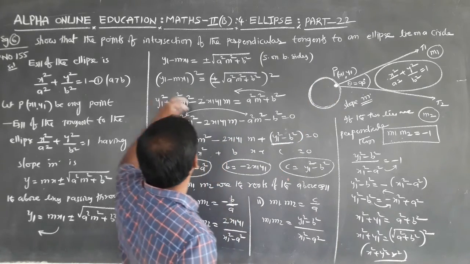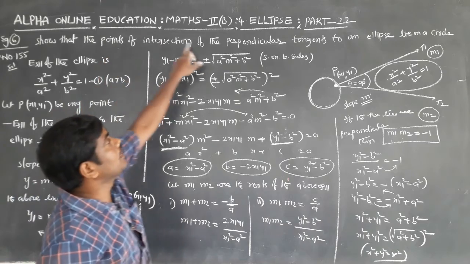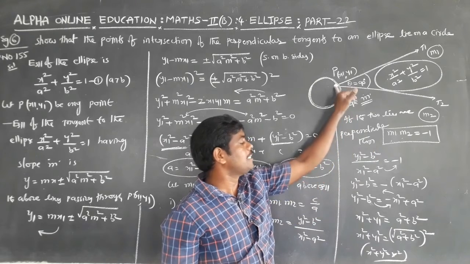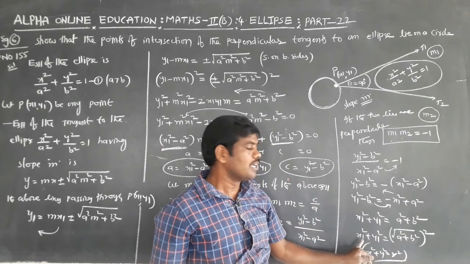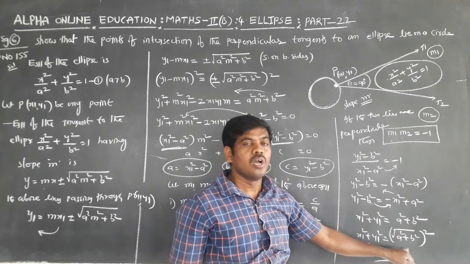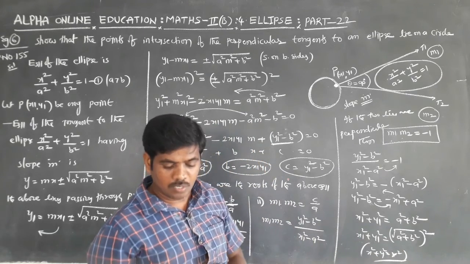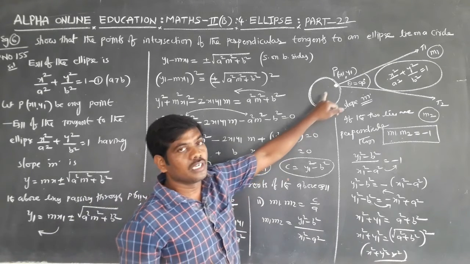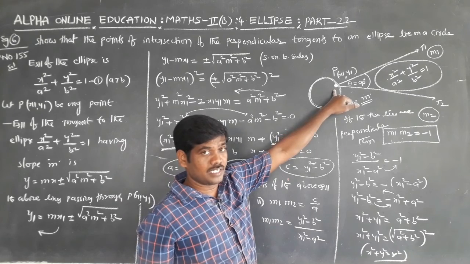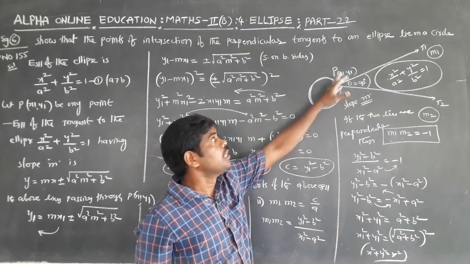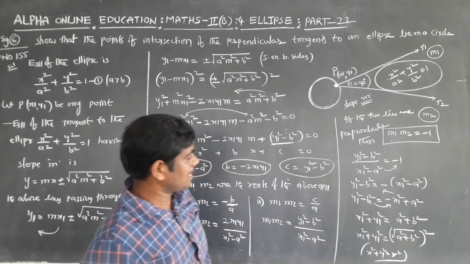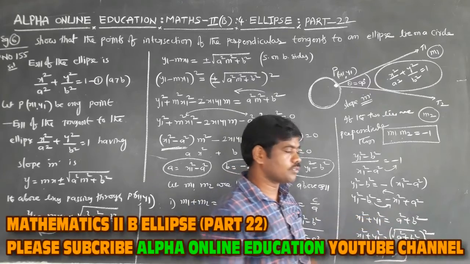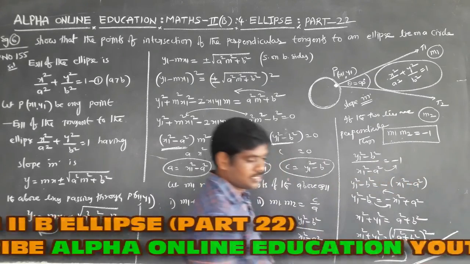So write: the points of intersection of the perpendicular tangents to an ellipse lie on a circle x square plus y square equal to (under root of a square plus b square) whole square. This is the answer. This is the proof.